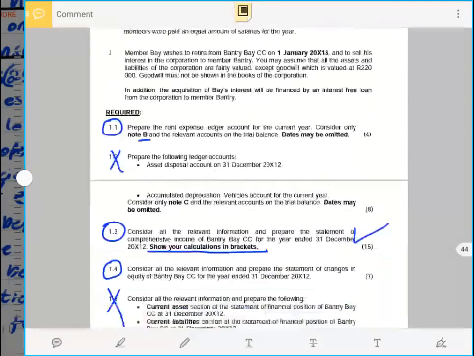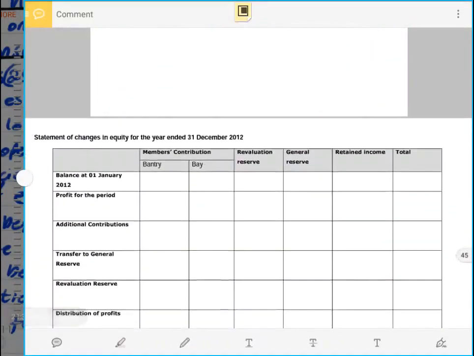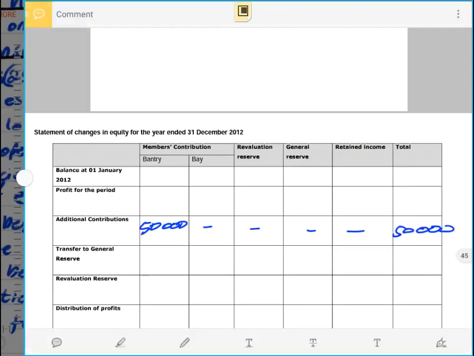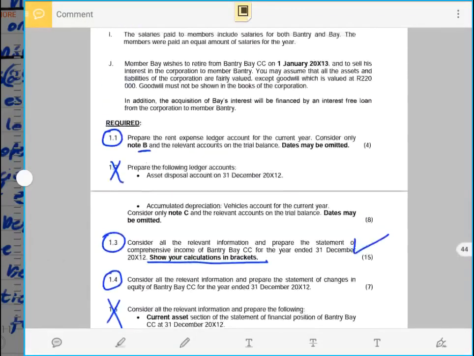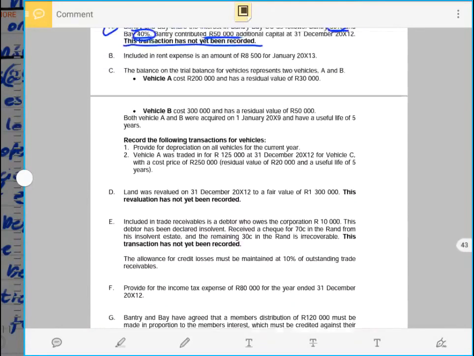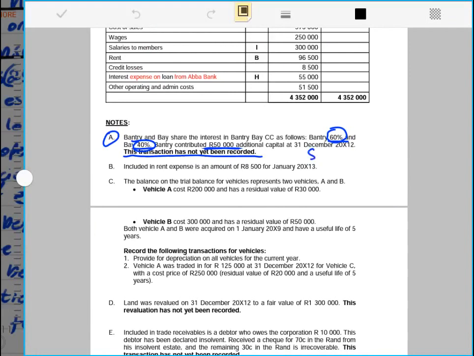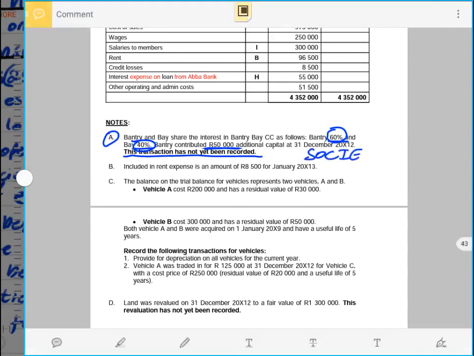So now under additional capital contribution, Bentley contributed 50,000 rands, and we write that as additional member contribution. And we go to the second adjustment. Remember, this will affect the statement of changes in equity. There's still another portion not yet recorded. I don't want to forget that.